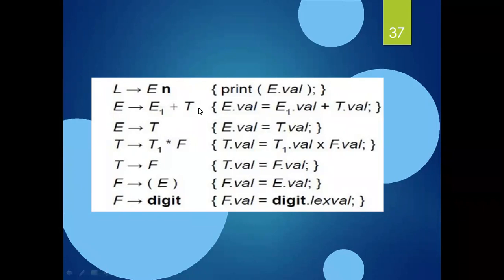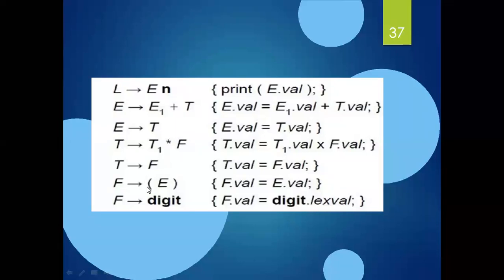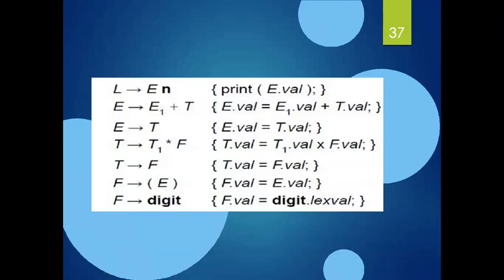L tends to E n, E tends to E1 plus T, E tends to T, T tends to T1 star F, T tends to F, F tends to open parenthesis E closed parenthesis, and finally F tends to ID. And it is just a representation of a synthesized attribute. Make a note here. We define the syntax directed definition for only the synthesized attributes just by defining the attributes for each and every node.